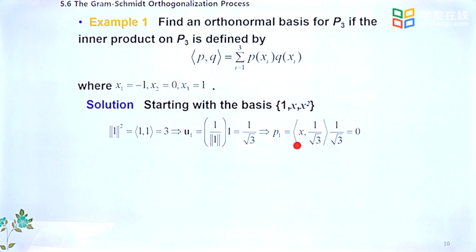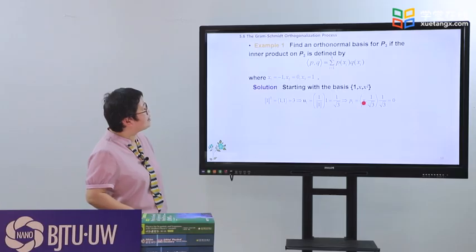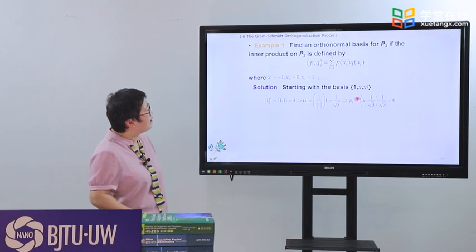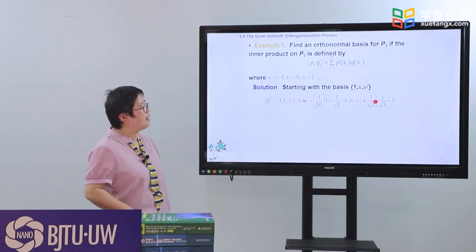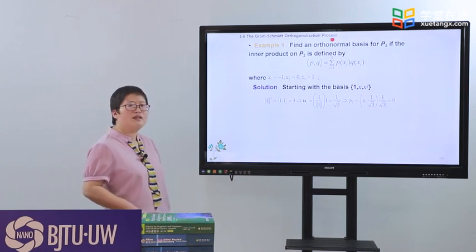For this inner product, we seek its value from this formula. The p(xi) are minus 1, 0, 1, and here is a constant function, so the summation equals 0. So eventually you can find P1 equals 0.